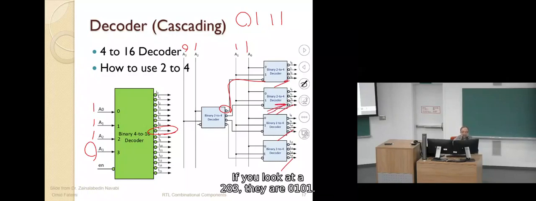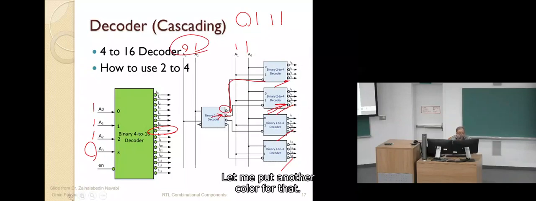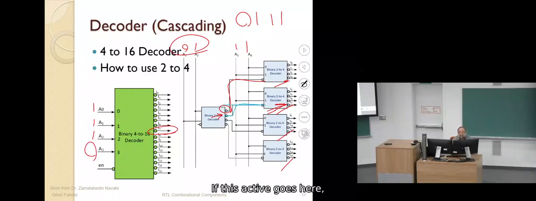So if you look at A2, A3, they are 0, 1. This is a 2 to 4 decoder. 0, 1 makes which one active? Number 1, this one. So this becomes active. So let me put another color for that. This is active, goes here. So if this active goes here, then it means that this decoder is active now, and I7 gets 0.